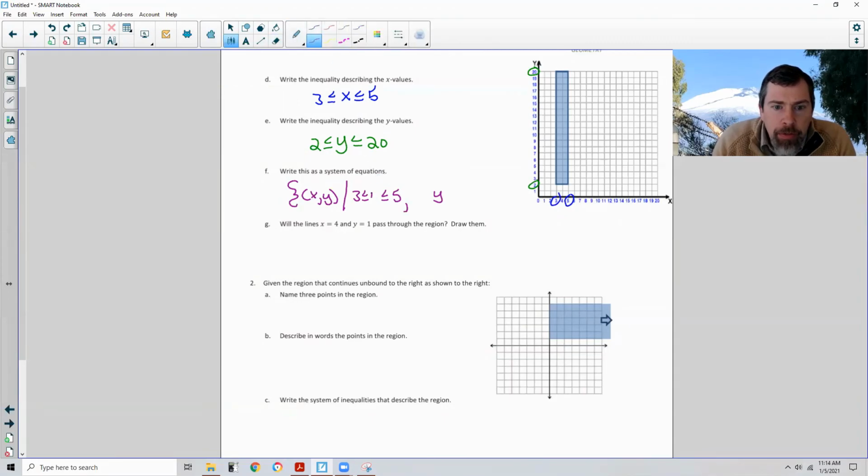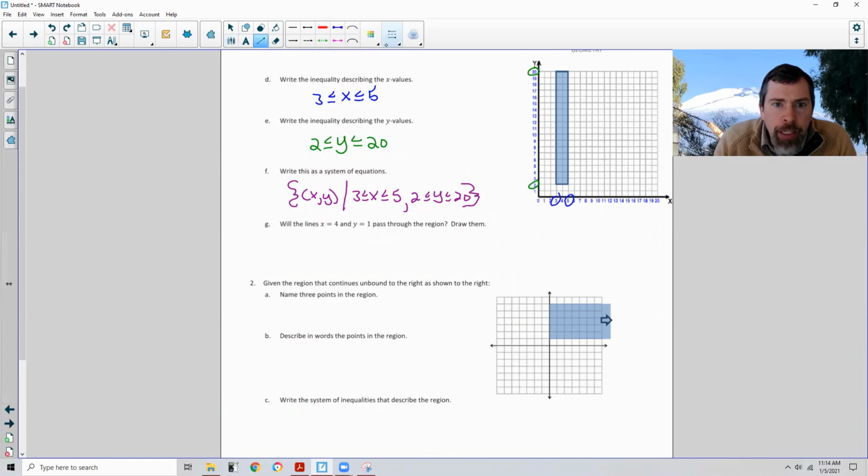No, it's not. It's an x. Struggling here. All right, x is between 3 and 5, and y is between 2 and 20. So it's the set of all (x, y) such that x is between 3 and 5 and y is between 2 and 20. G says, will the line x equals 4 and y equals 1 pass through the region?